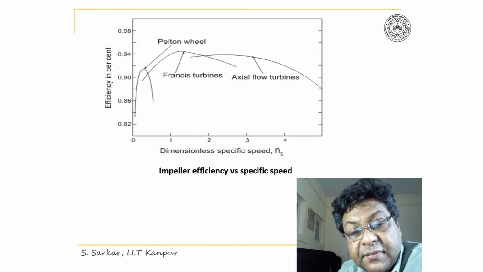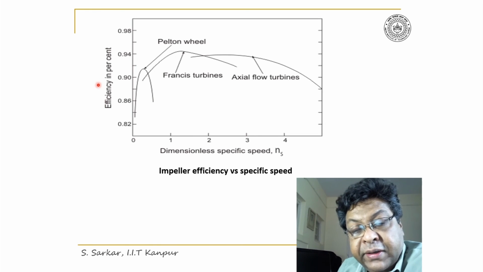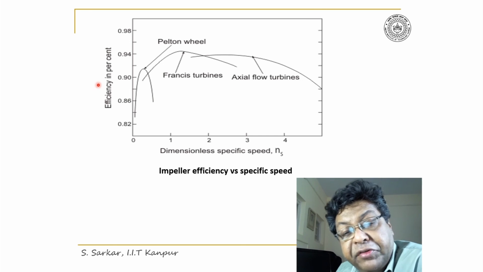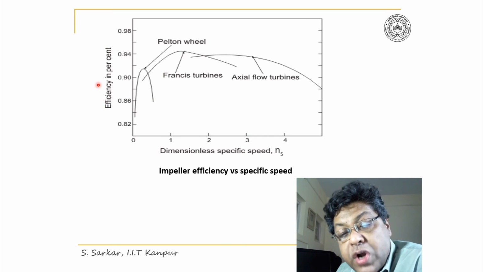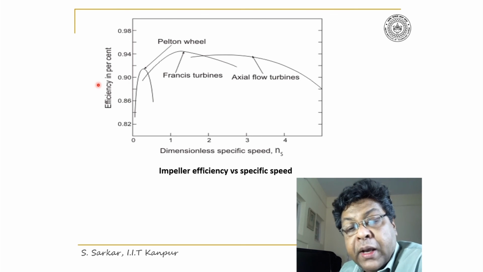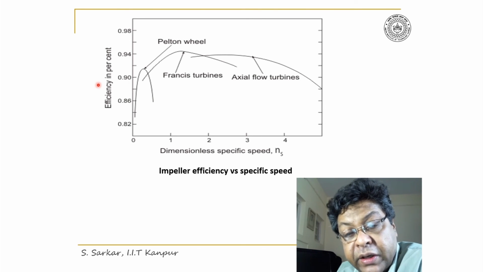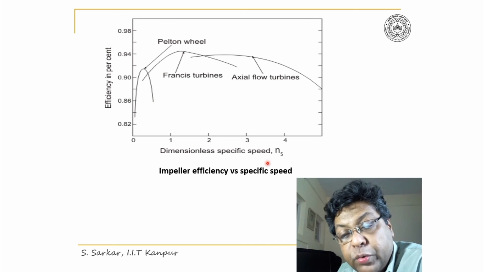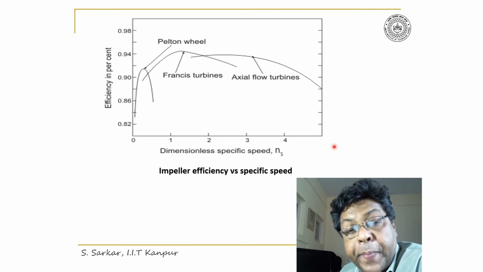In the next figure, I have expressed the efficiency versus the non-dimensional specific speed, small ns. In reality, you can appreciate that the value of ns lies between 0 and 5.